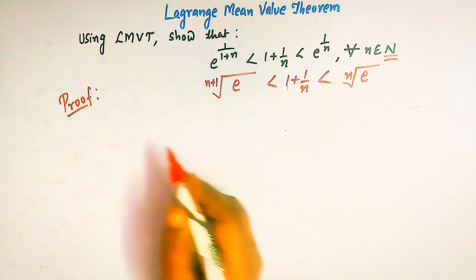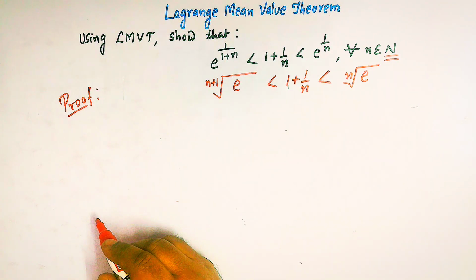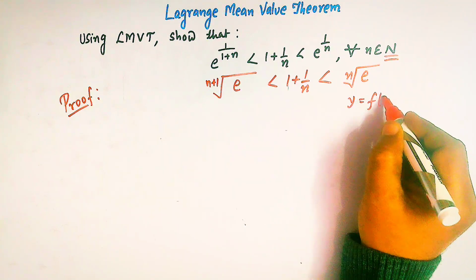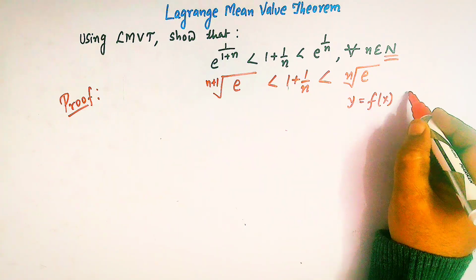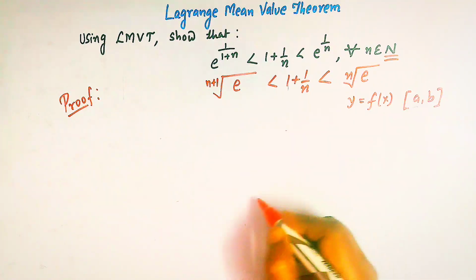So let us first discuss the statement of Lagrange mean value theorem. Suppose we have a function y is equal to f of x, which is defined in some interval a comma b.